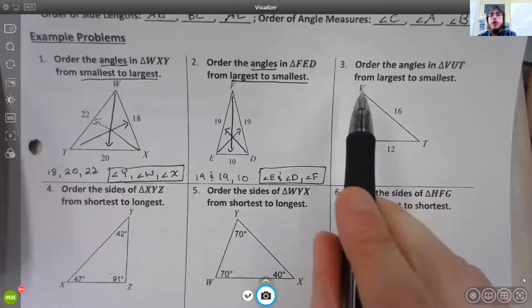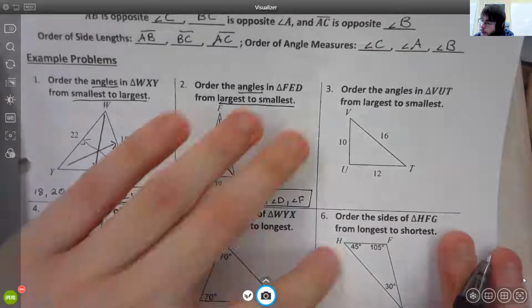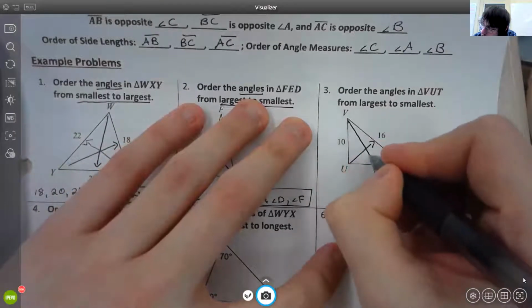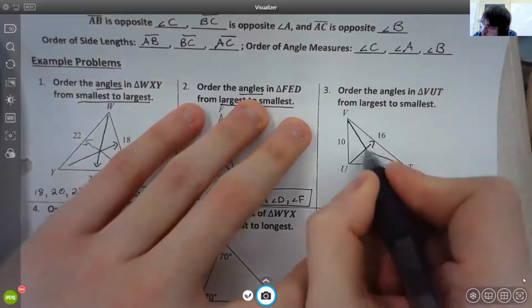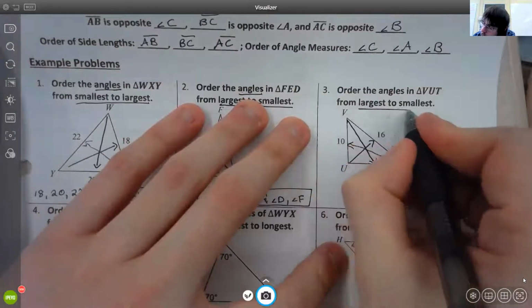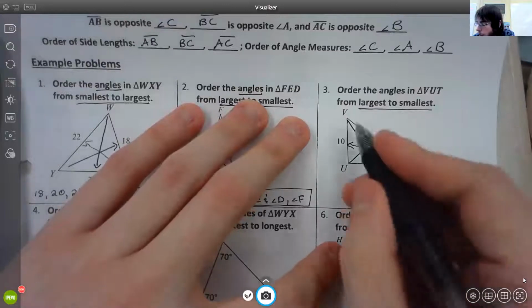So what I want you to do is try number 3, to order the angles in triangle VUT from largest to smallest. So pause the video and then come back. All right, so with this triangle, again, we're going to draw our arrows. We want from the largest to smallest, so we need our largest side to our smallest side.